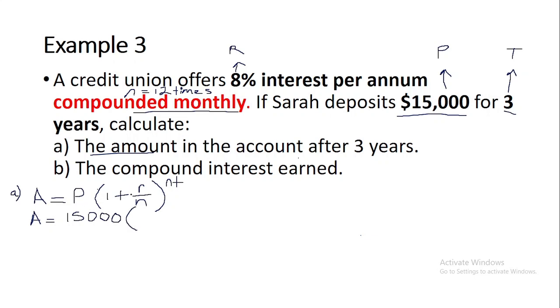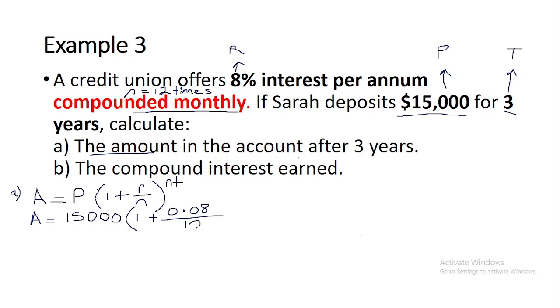times 1 plus r, in brackets. R is going to be 0.08. Remember, in this case we're not going to put it over 100, we're going to use a decimal amount, so that's 0.08 all over N, the number of times it compounds within a year, so that's 12.